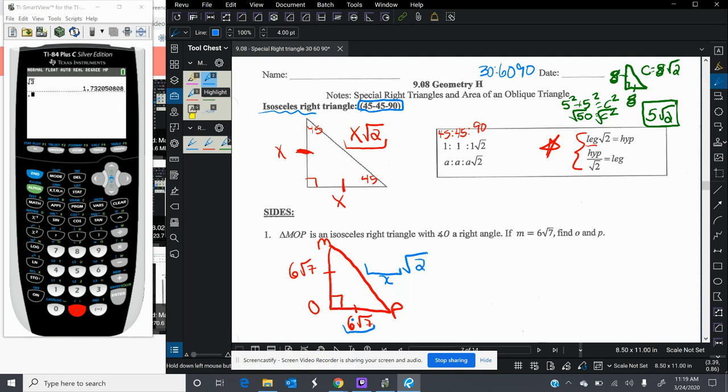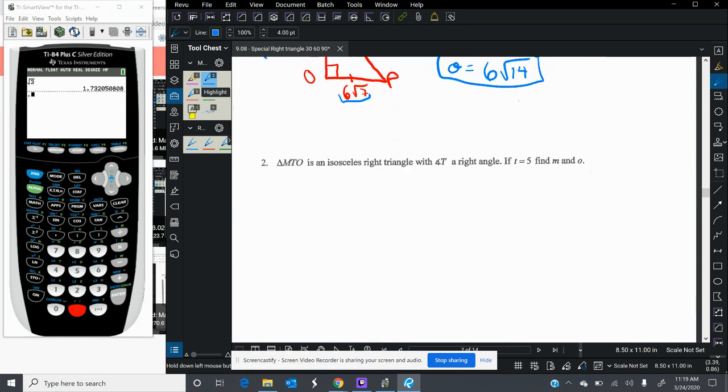So our value of x is the measure of the side they gave us, 6 square root of 7. To simplify, we take that 6 square root of 7 times square root of 2 equals 6 square root of 14. So that's the measure of little o. We found little p already because it was isosceles. It just jumped across.